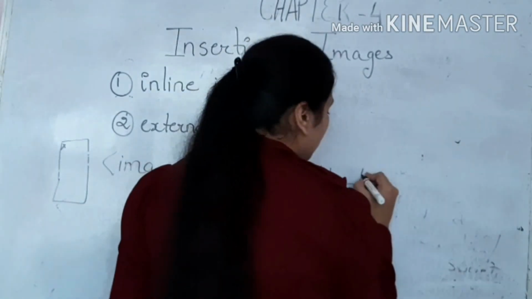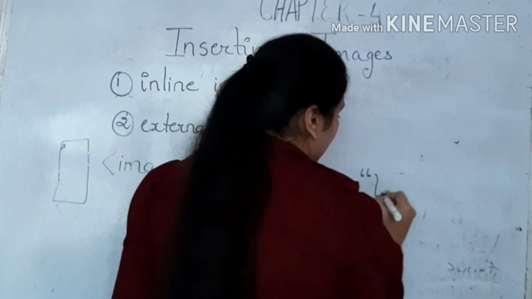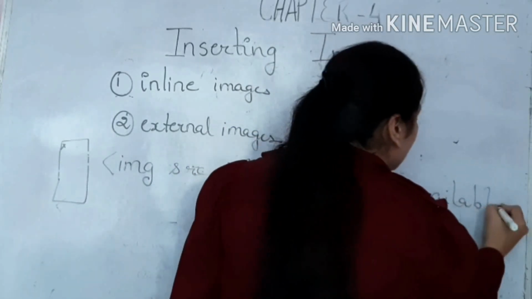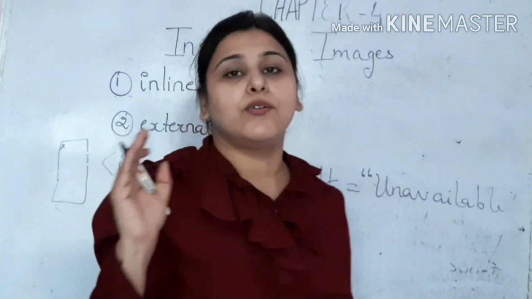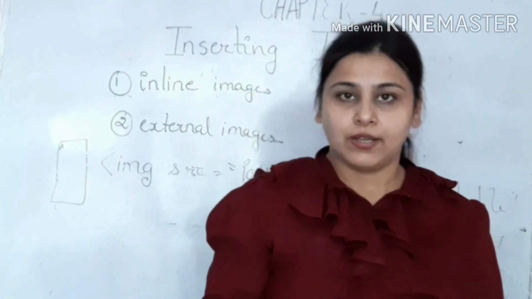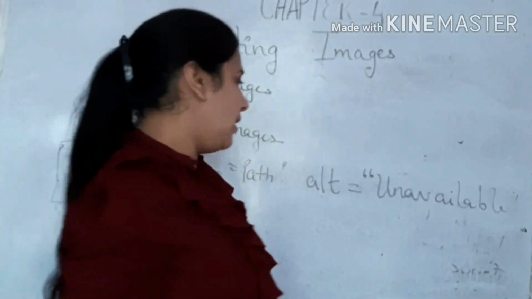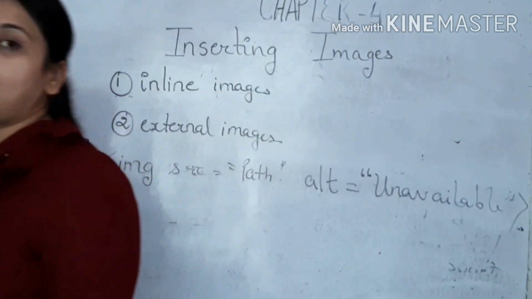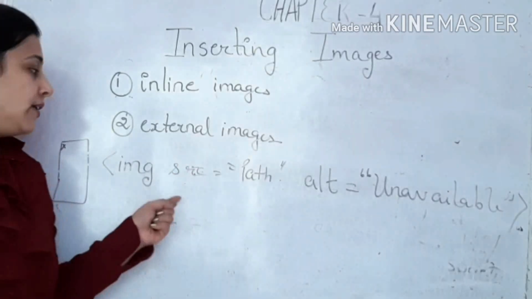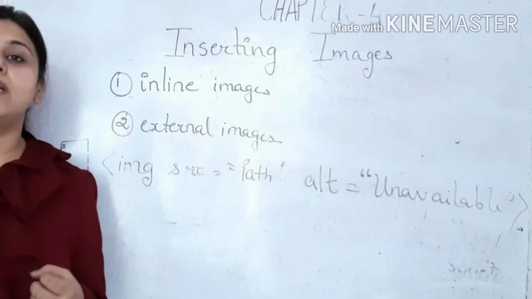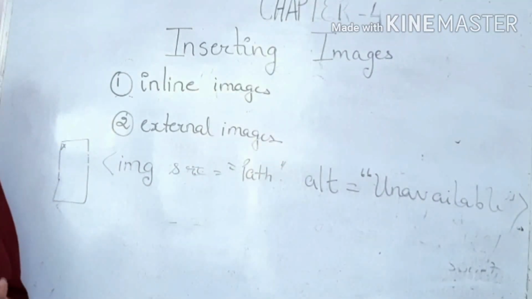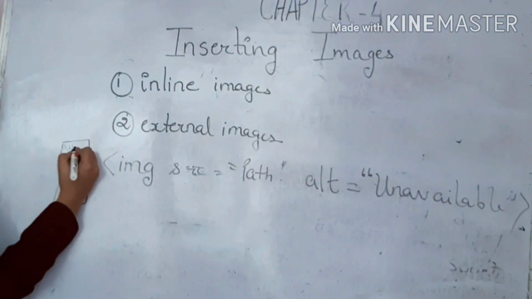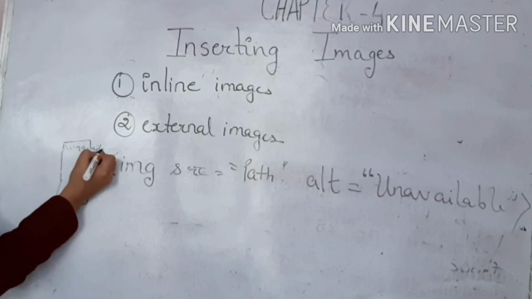In the double quotes, you can write the text unavailable, or you can write text that can be 1024 characters long. Suppose I have written ALT equal to unavailable. So if you try to open an image and the browser is finding difficulty opening it, then near the cross you will see the message unavailable.